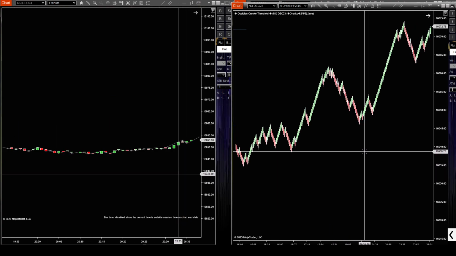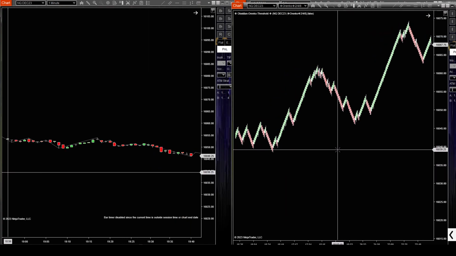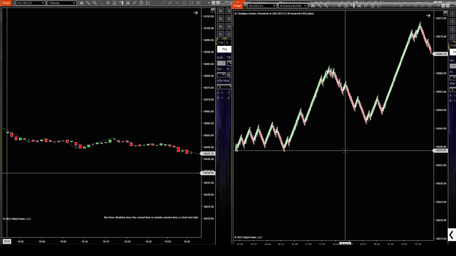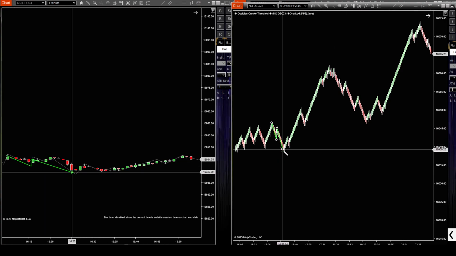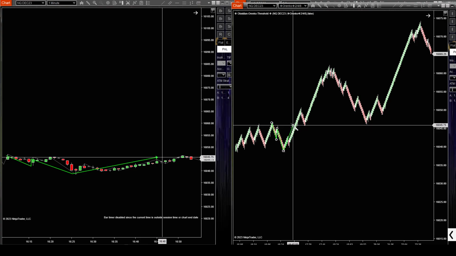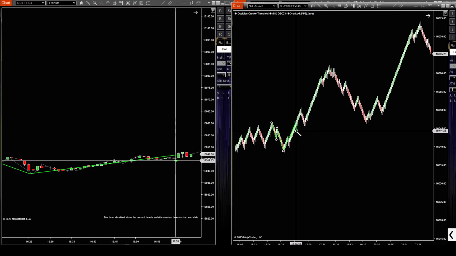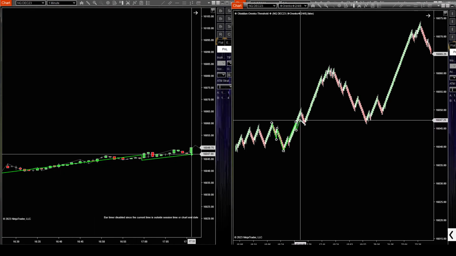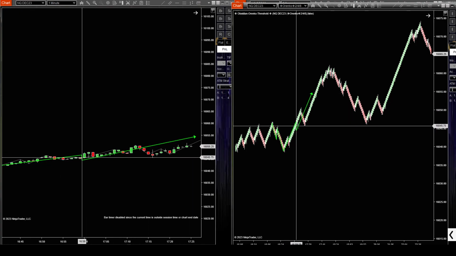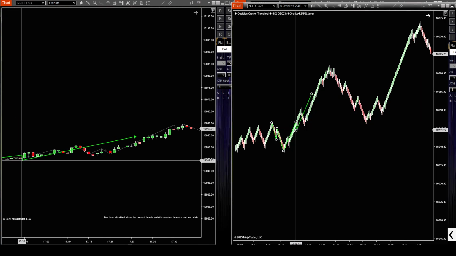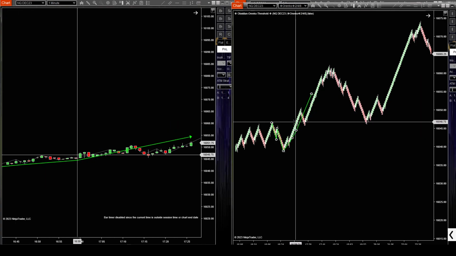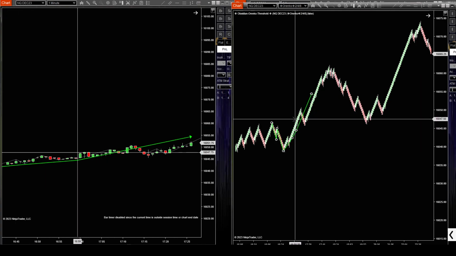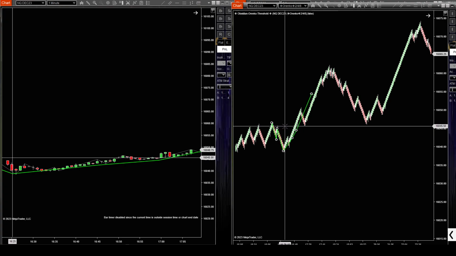Another thing I like about Renko is it's super easy to see some patterns real quick. We broke above this high here. Oh, we got a reversal right back into this area higher. So you could sell right when you see this bar open up, wick down into this wick, and then close above.